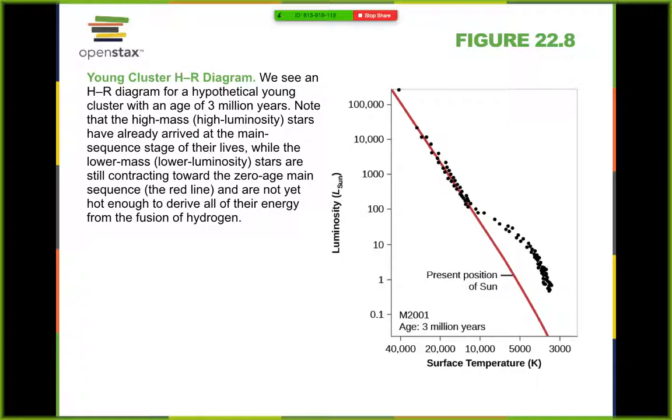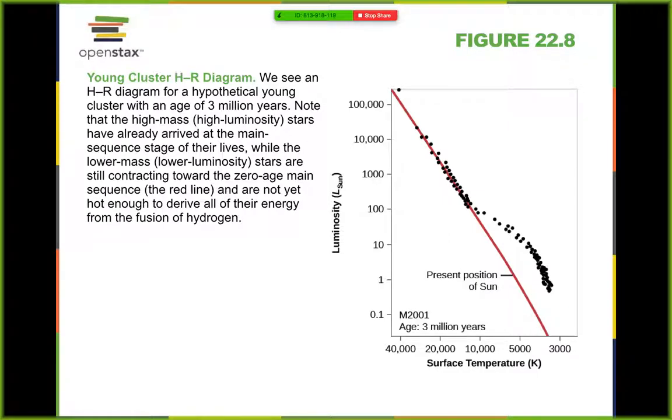So when astronomers observe in detail the chemical composition, the temperature, the age, and the luminosity of several stars that belong to the same cluster, they can build what's called the HR diagram, or the Hertzsprung-Russell diagram, of one of these clusters.